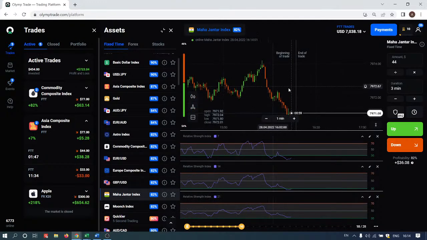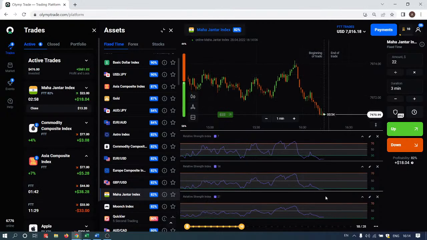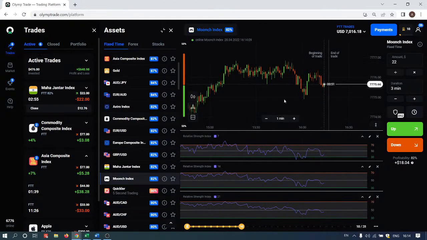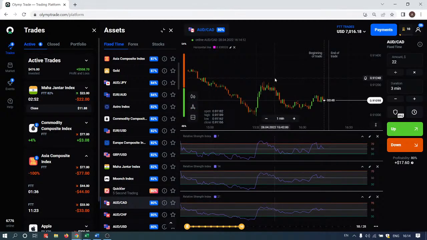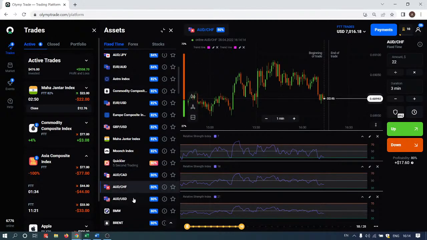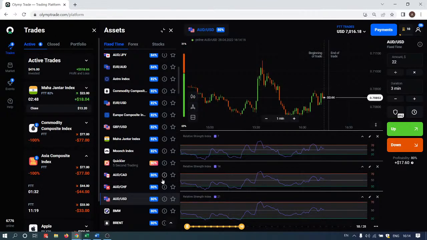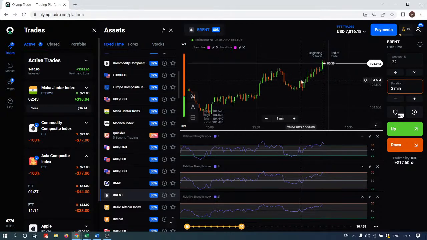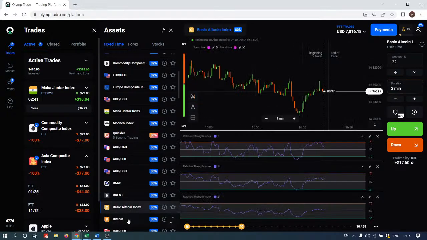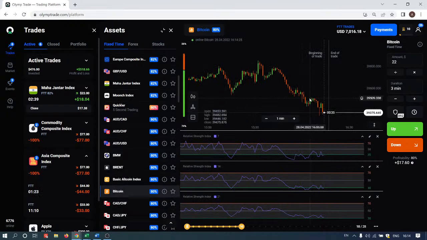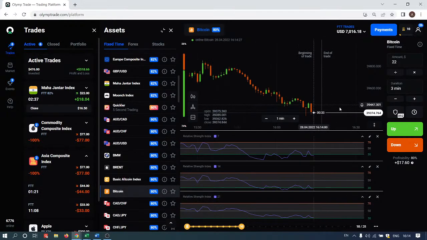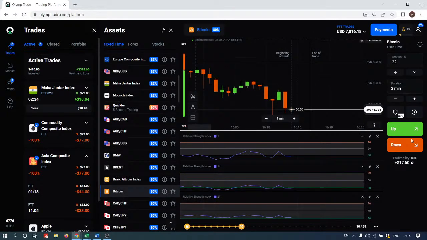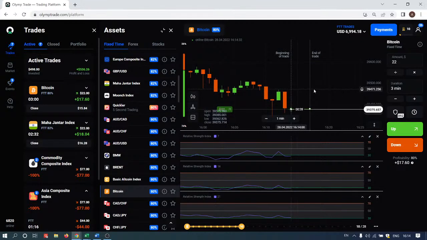As soon as you become a consistently profitable trader, here, setup number one on the Mahajantar index, once you start making on average more money than your friends and relatives or people you know, after that point you don't really need to motivate yourself a lot. You just trade.